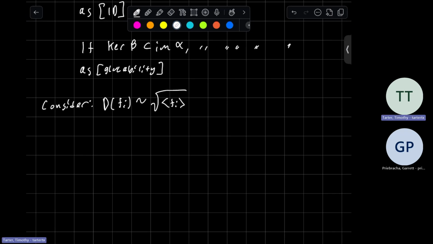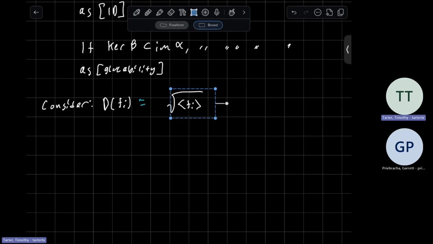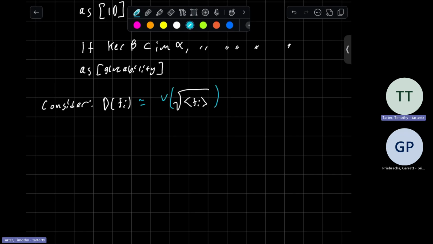No, it corresponds to, right? It's really the variety of the ideal.